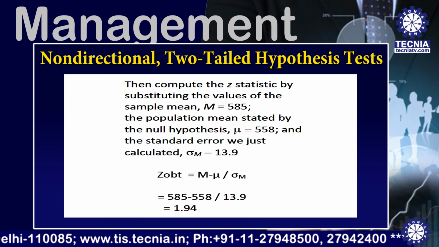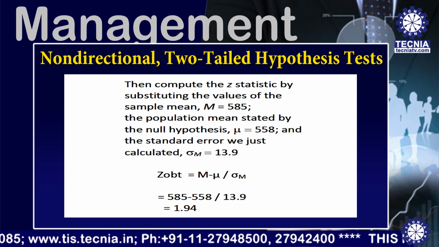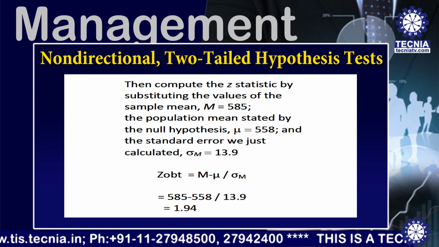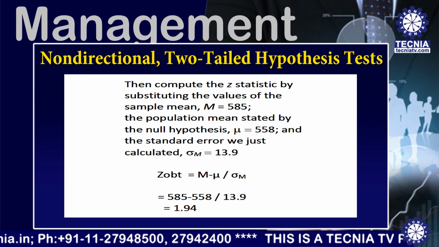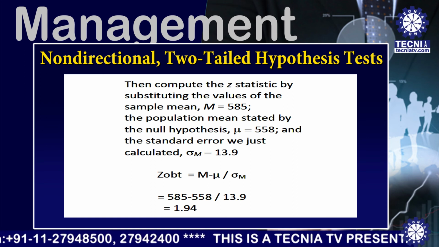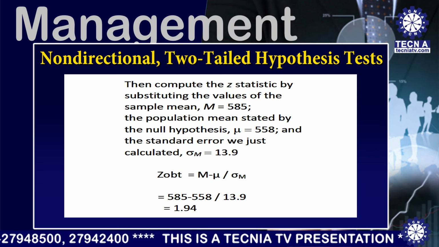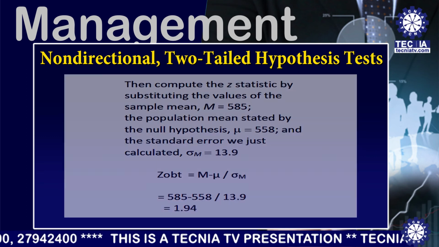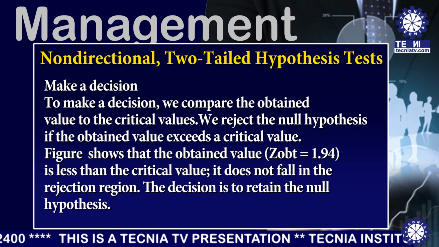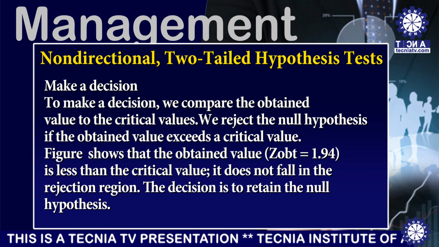After putting in all these values, we got Z obtained equal to 585 minus 558 divided by 13.9, which is 1.94.